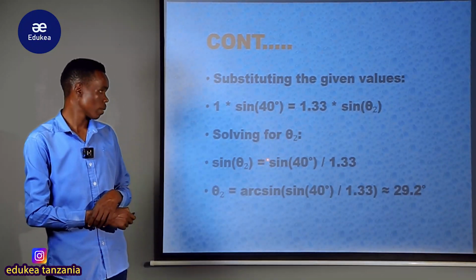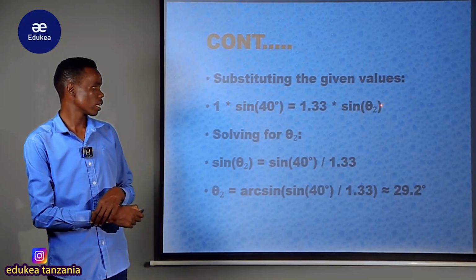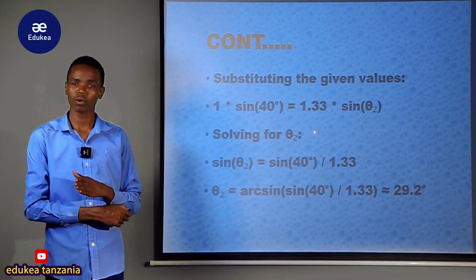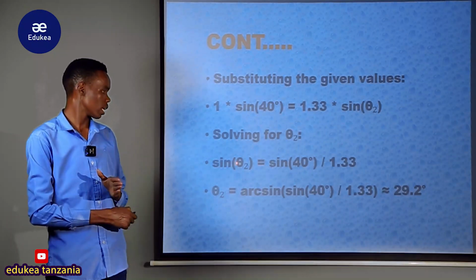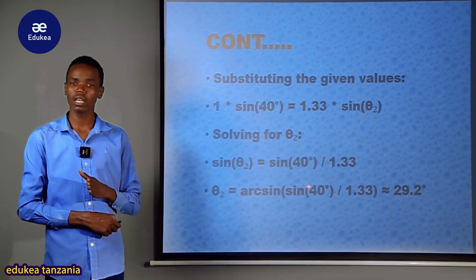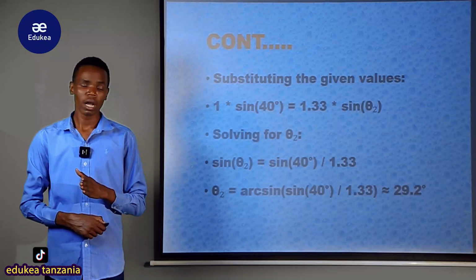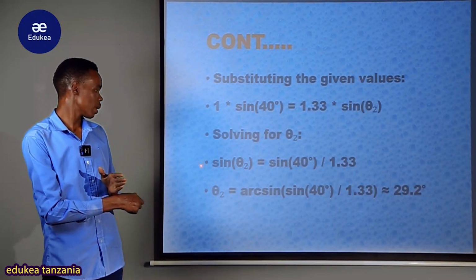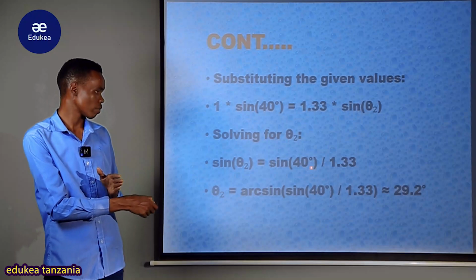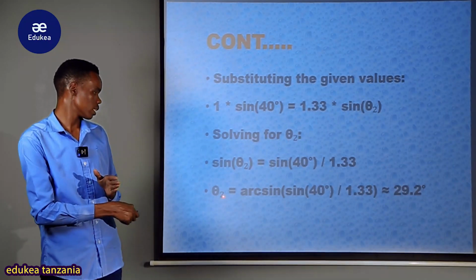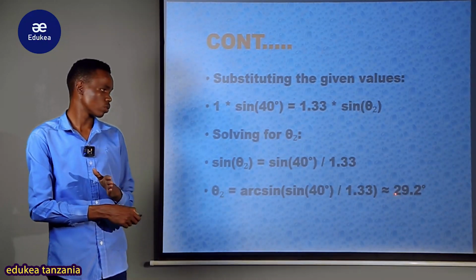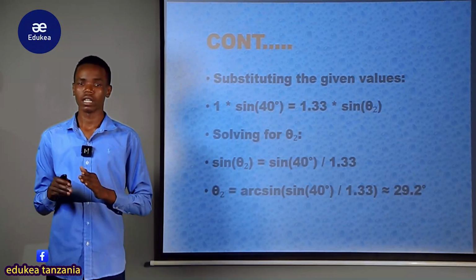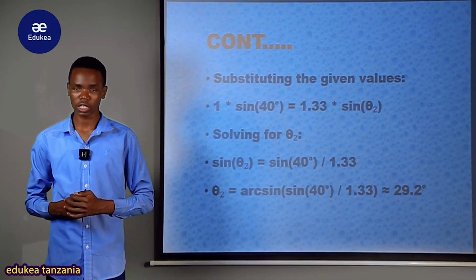In order to get theta 2, first of all, we divide by 1.33 on both sides. After dividing, you can make theta 2 the subject by taking sine inverse, that is, multiplying by sine inverse on both sides. You will get theta 2 equals 29.2 degrees, and that is the angle of refraction.